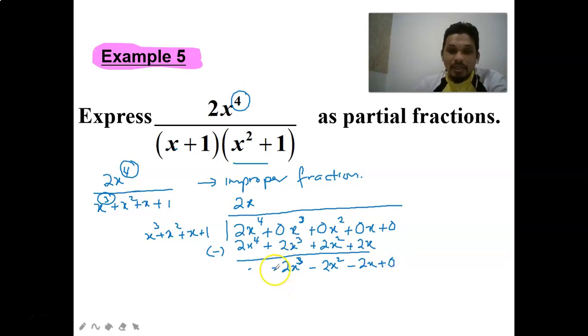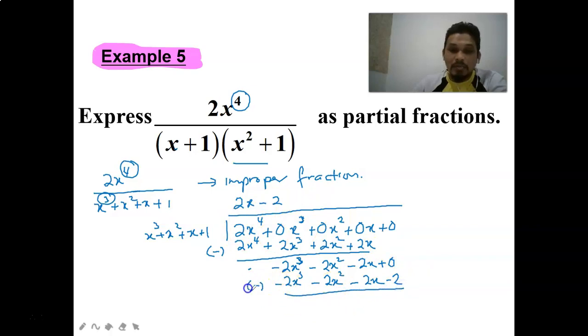So now negative 2x cubed divided by x cubed, negative 2. So negative 2 times x cubed, negative 2x cubed. Negative 2 times x squared, negative 2x squared. Negative 2 times x, negative 2x. Negative 2 times 1, negative 2.